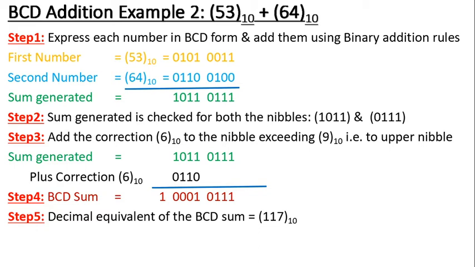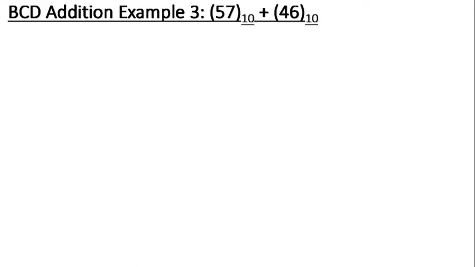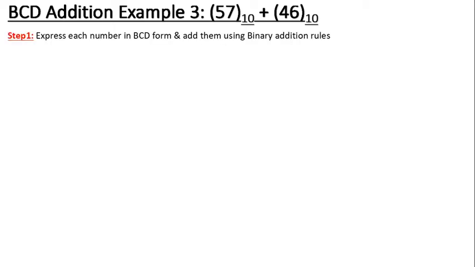Now next, one more example I want to take, which one can consider an extreme example of BCD addition. Example number 3: 57 decimal plus 46 decimal. Okay, let us start now. Here is step number 1.